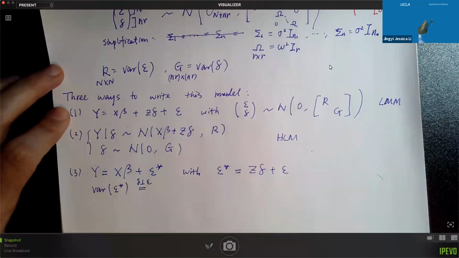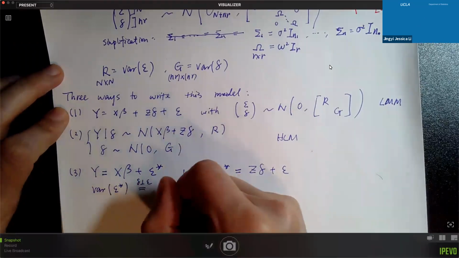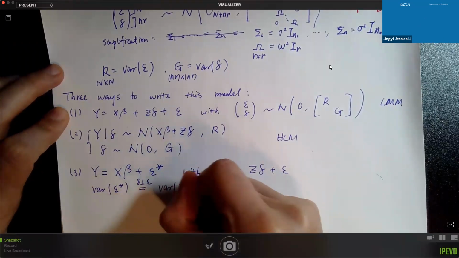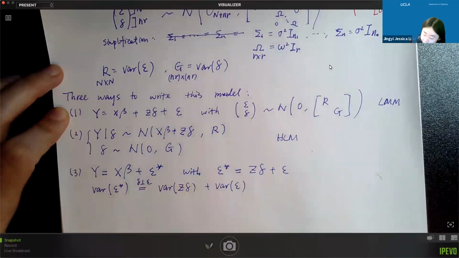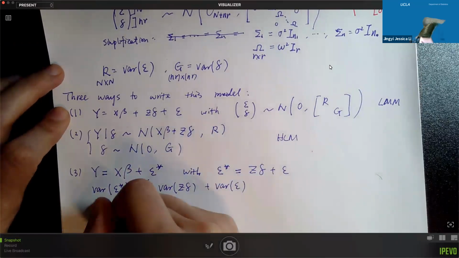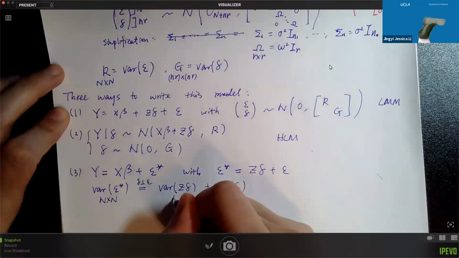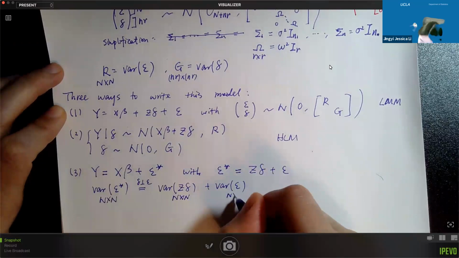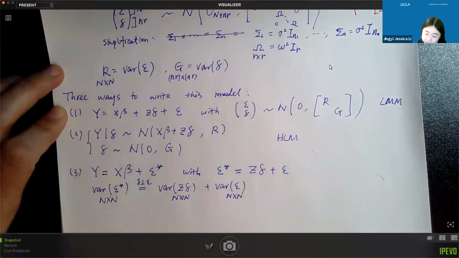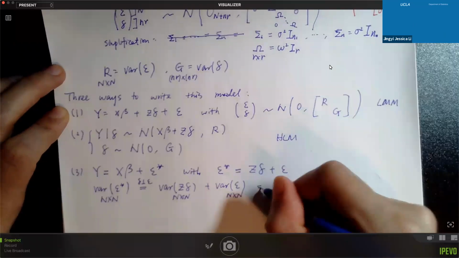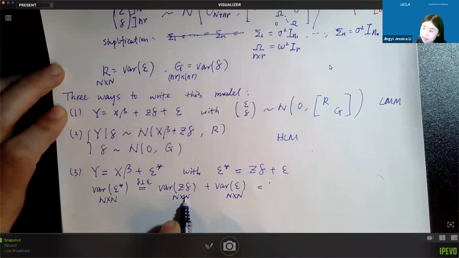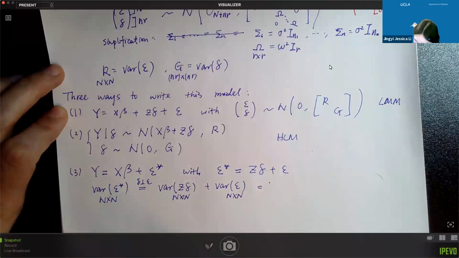This can be written just as the covariance matrix of z delta plus the covariance matrix of epsilon. And don't forget that these are all capital N by capital N matrices. Then by the matrix formula for the covariance matrix, the first term, because Z itself is a design matrix that's fixed, we get it out.